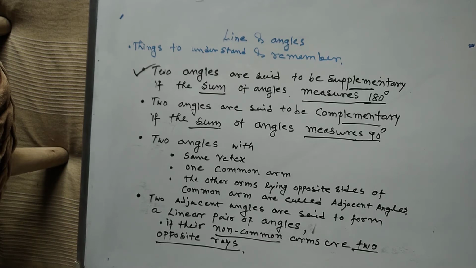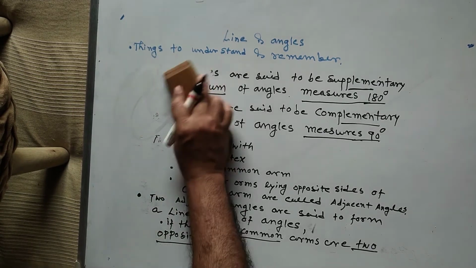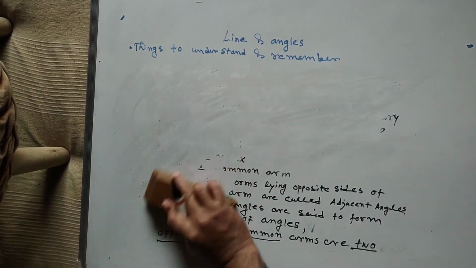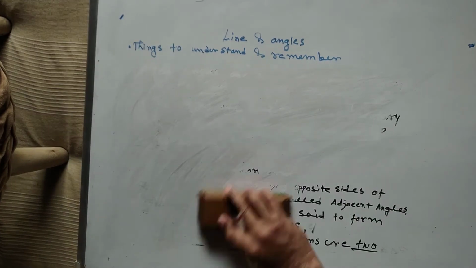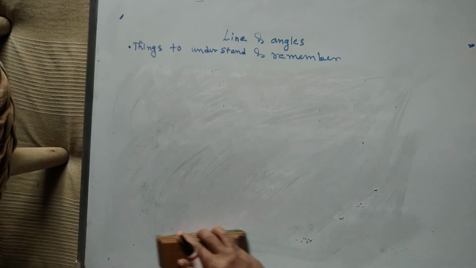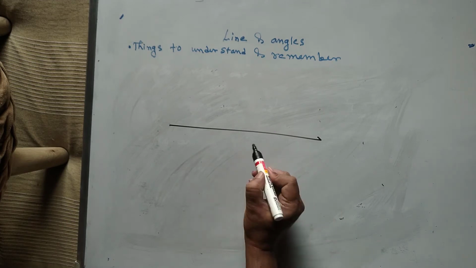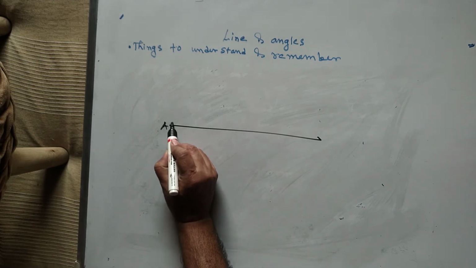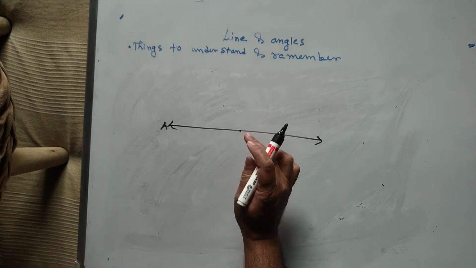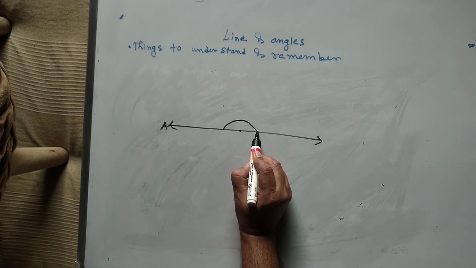You know that the sum of angles on one side of the line is always 180 degrees.